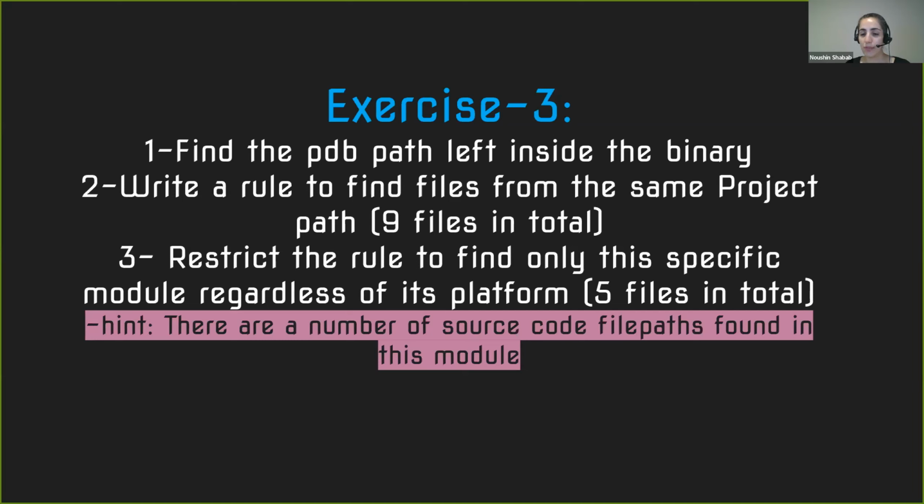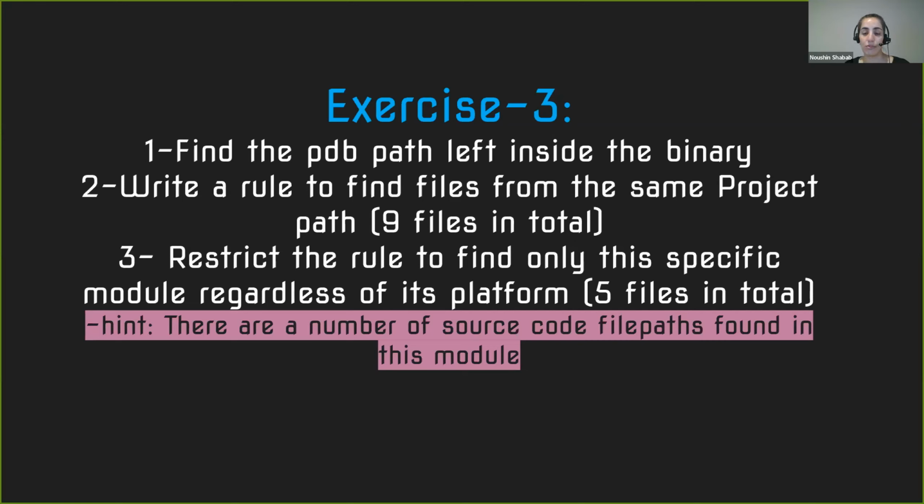So some sections of the PDB path are different, but the module name is the same and the project name is the same. This is a hint. You can either use different parts of the PDB path, or you can use the hint that I have given you on the screen.